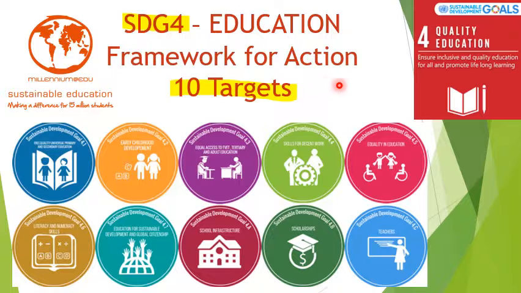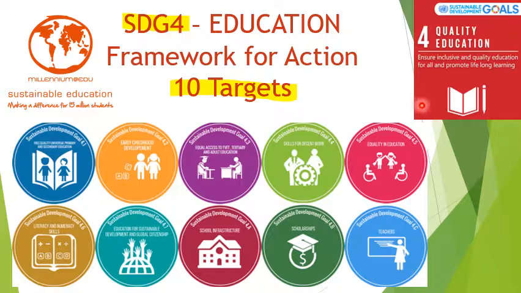The idea here is to explain that the Framework for Action is the document which has been used, and then we need to look at the SDGs in all their dimensions and how these targets, how this goal is aligned with the policies of each country and also aligned with other goals of the SDGs.